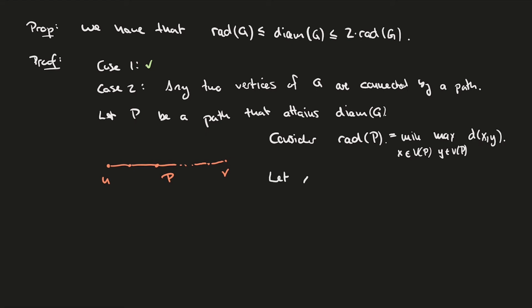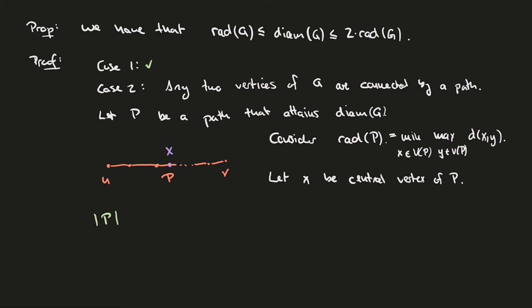We now let x be a central vertex of P. Recall that this means that x attains the value of the radius of P. In other words, x minimizes its maximal distances from all other vertices in the path. Now, it's relatively apparent that x, in order to be a central vertex, has to be at the approximate midpoint of the path P.